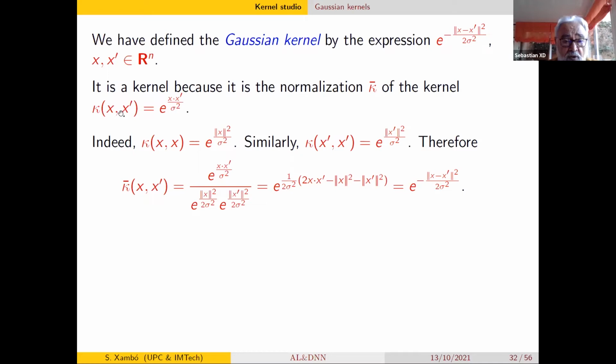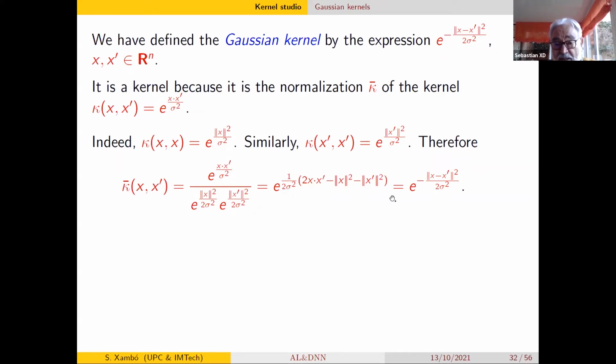Now, if you have this kernel, you can normalize it. What do you get if you normalize it? Well, the kappa of xx is this, clearly, because if x prime is x, this is the norm of x squared. Similarly, the kappa of x prime x prime is this, and therefore the normalization is the kappa of xx prime, divided by the kappa of xx, which is this, and the kappa of x prime x prime, which is this.